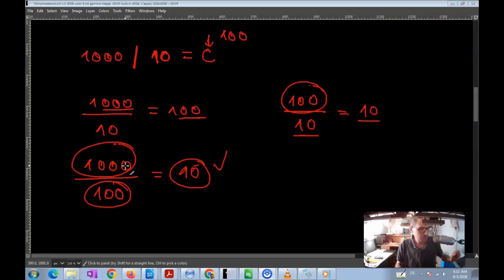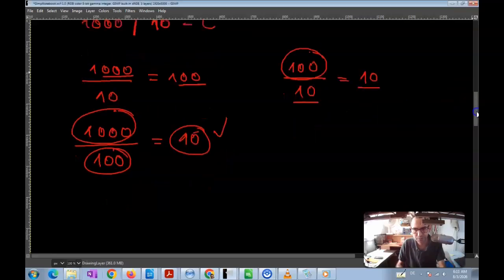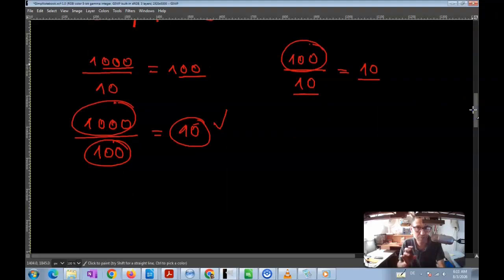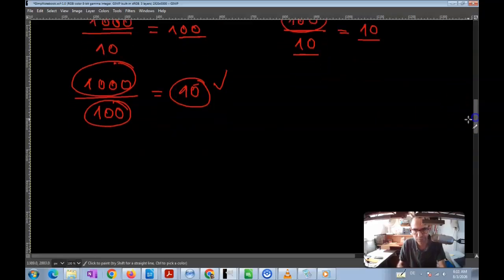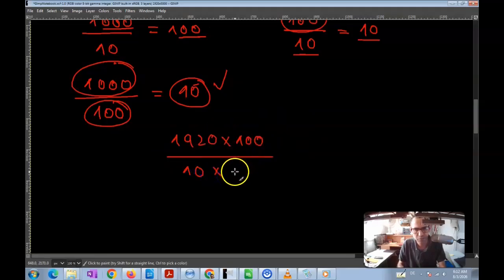Now, using what we have learned here, we can simplify fractions. Suppose that you have a fraction like 1920 times 100 divided by 10 times 1800.